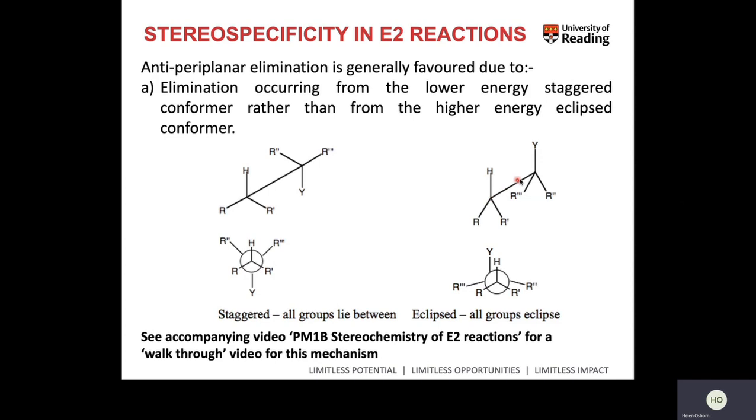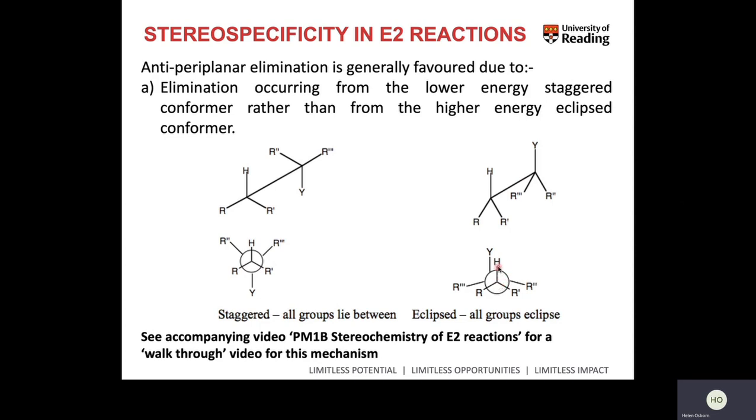But when we look along that carbon-carbon bond, we now see that Y is also sticking up in the same area of space as that hydrogen. So we've got that sticking up on the back. The R triple dash is to the left, and the R double dash to the right.